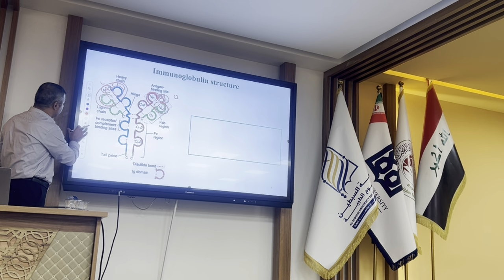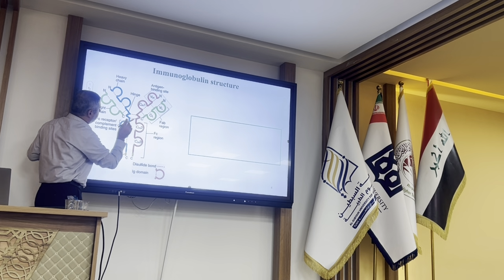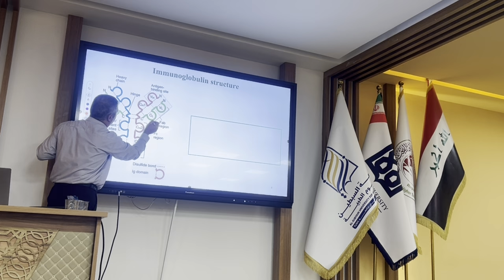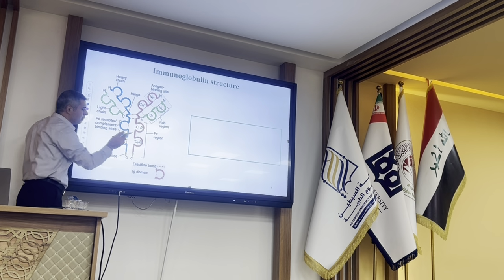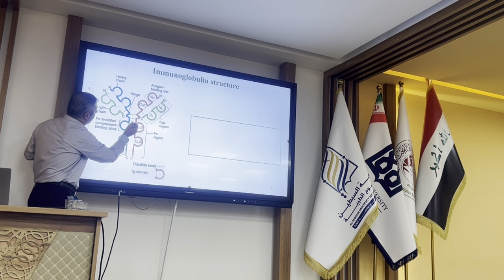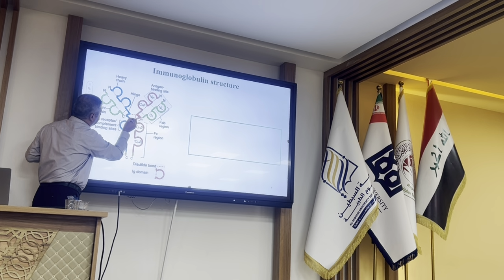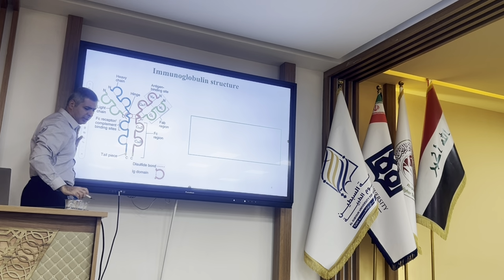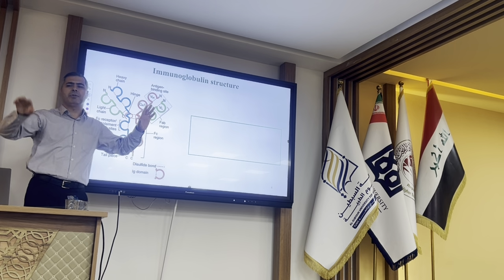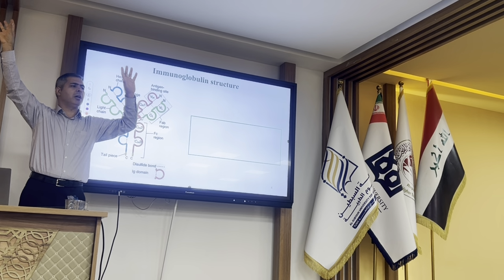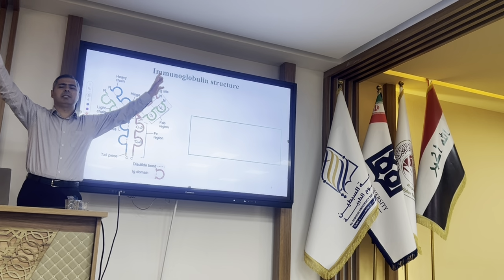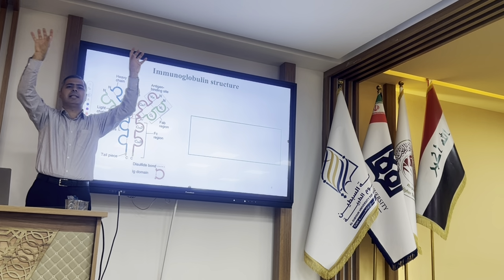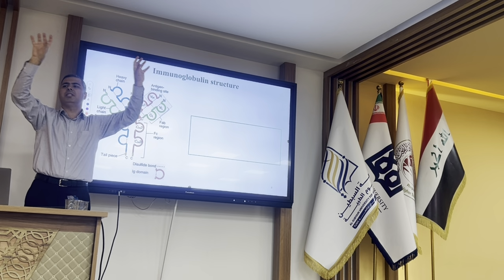I told you that one antibody has two arms, one arm here and another arm here. The part of the arms that are bound to the rest of the antibody is called the hinge. The hinge enables the antibody to increase and decrease the distance between its arms.